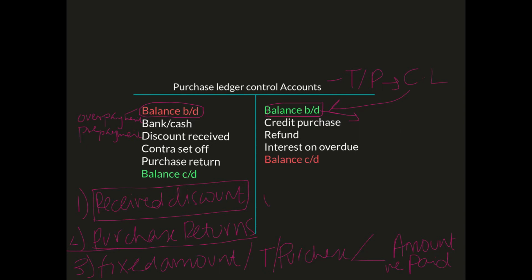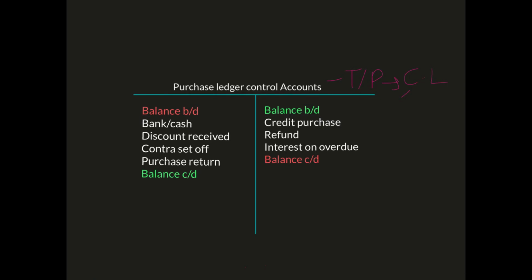Or simply we overpaid our outstanding balance. These are the 4 cases in which a debit balance is possible, which represents the amount our suppliers owe to us. Okay, so moving on, we will first look at the credit side of the purchase ledger control account.